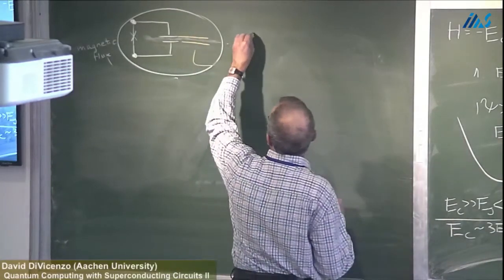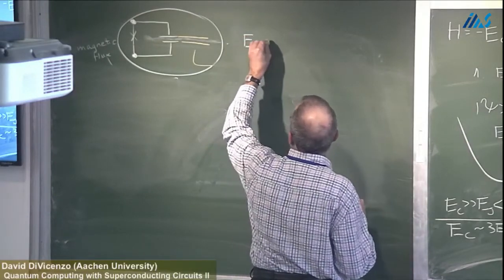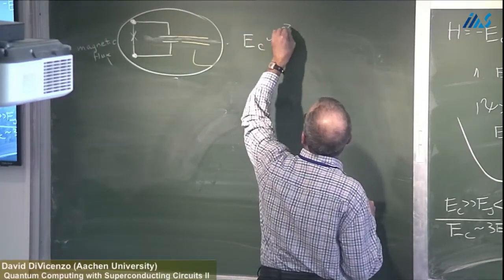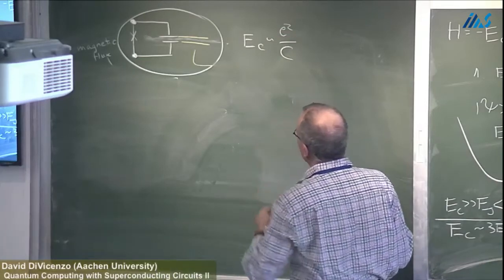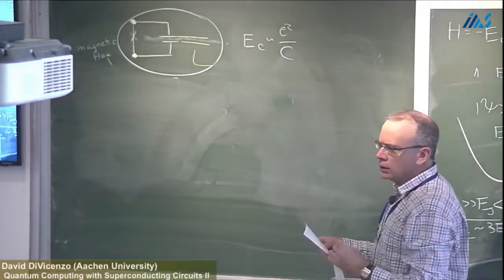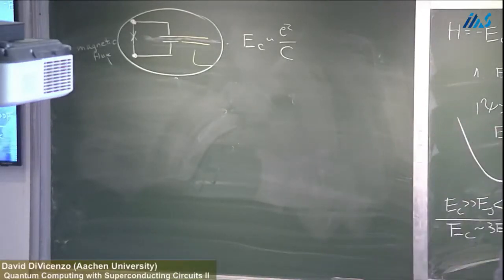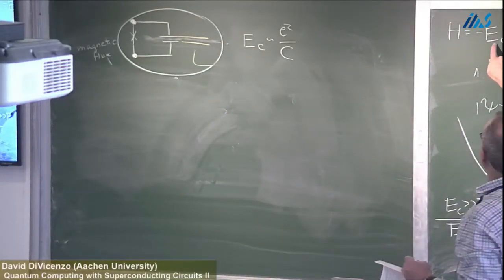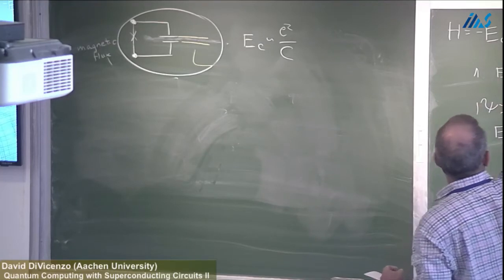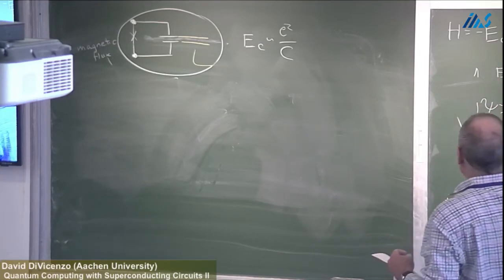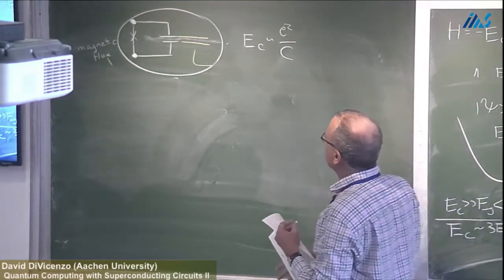So this EC is something like E squared over C, with some extra 2's. By making a big capacitor, you reduce the capacitive energy, you reduce the value of EC. You also maybe work a little bit to make EJ bigger, but that's not the major thing.